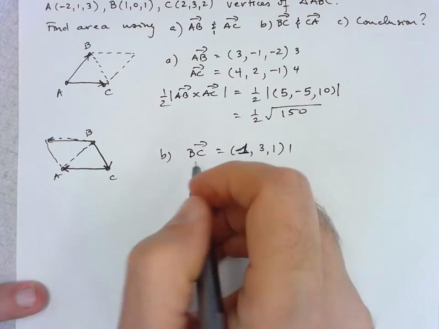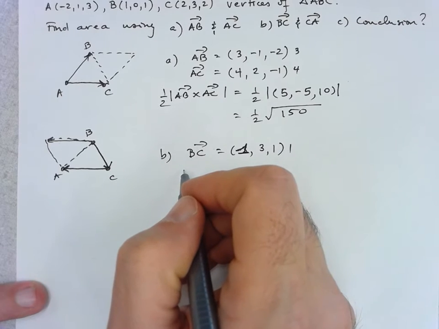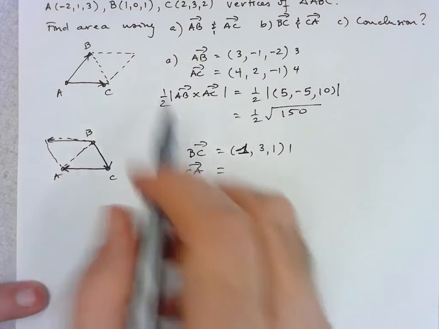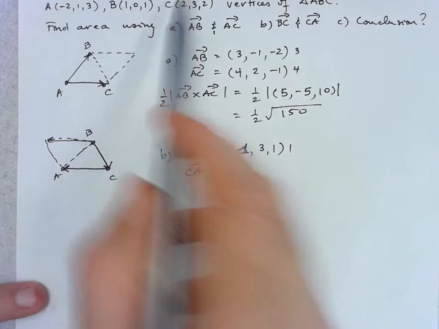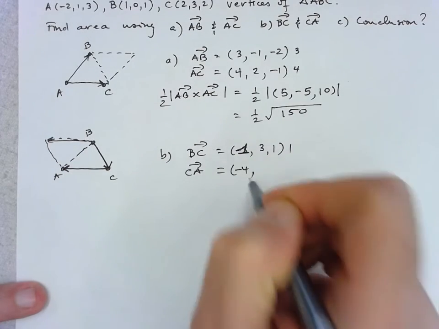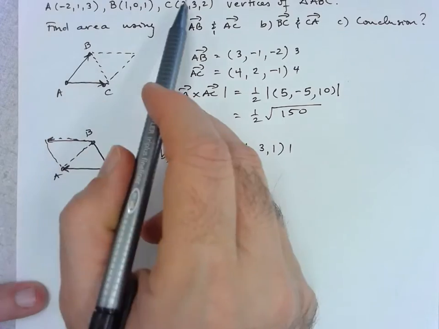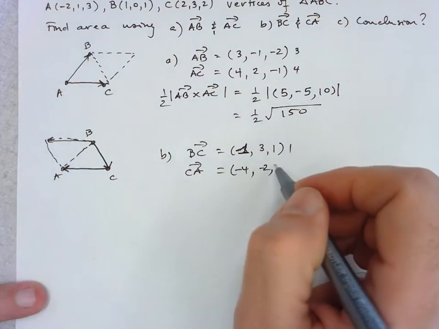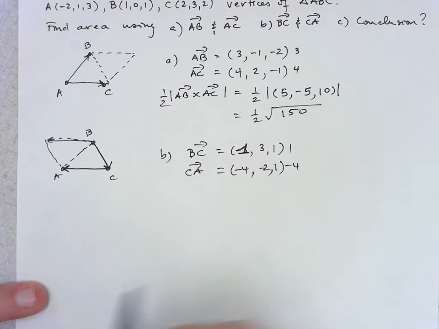And we'll put the 1 on the end since I'm going to take the cross product. And the other one we want to use is CA. So negative 2 minus 2 is negative 4, 1 minus 3 is negative 2, and then here we've got 3 minus 2 is 1. And so a negative 4 there.